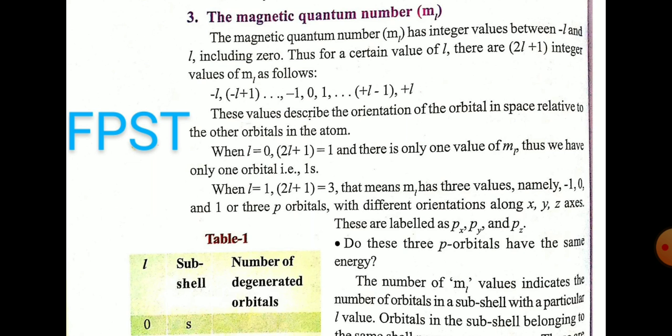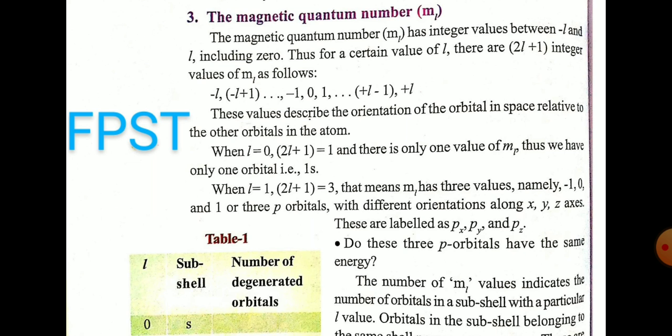These values describe the orientation of the orbital in space relative to the other orbitals in the atom. Means the magnetic quantum number tells us about the spatial orientation of the orbital in which the electron is revolving around the nucleus in an atom.